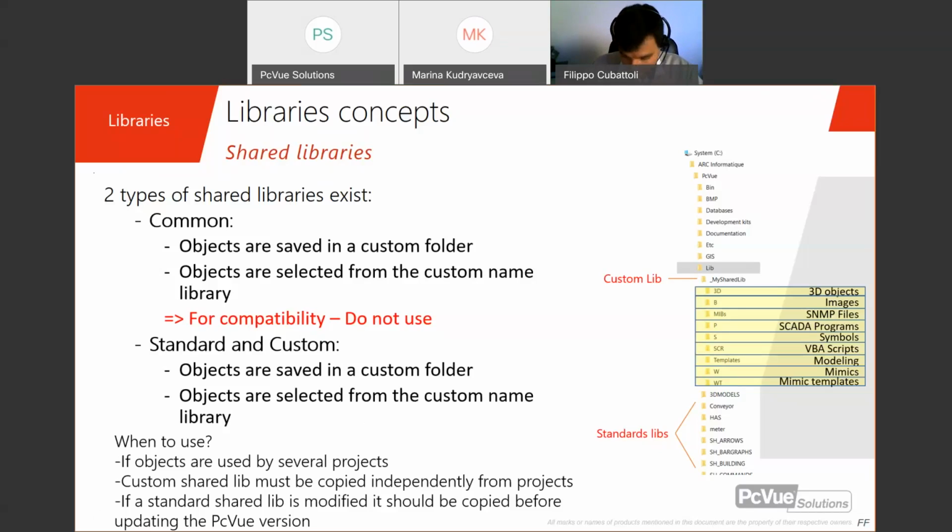If you modify an object, or add an object, basically when you modify a shared library, you must be very aware that you have to copy this library folder if you have changed it before updating the PcVue version, because coming with PcVue you have a set of libraries, and if you have changed some shared libraries with another version, you have to copy what you've changed.